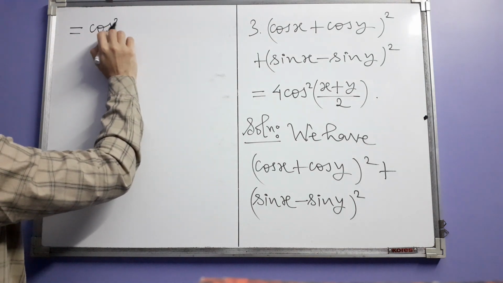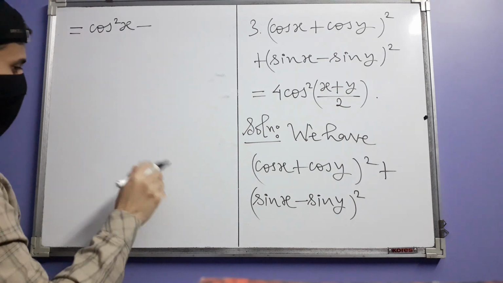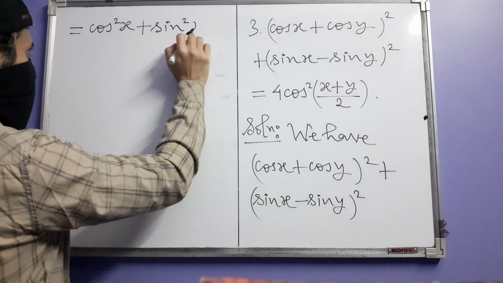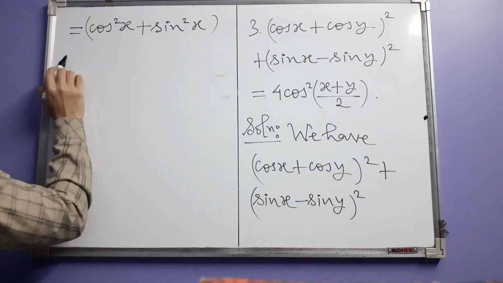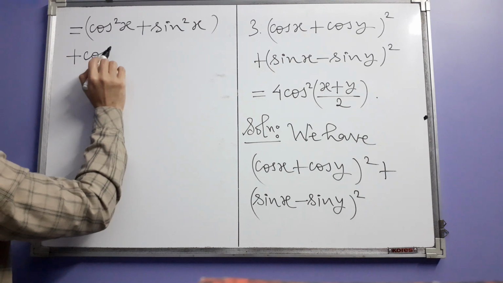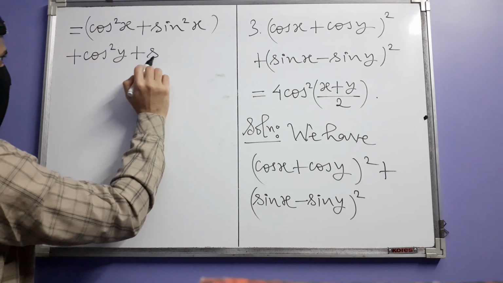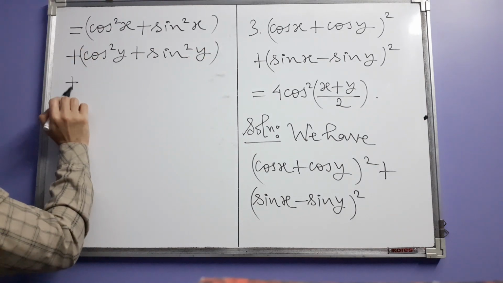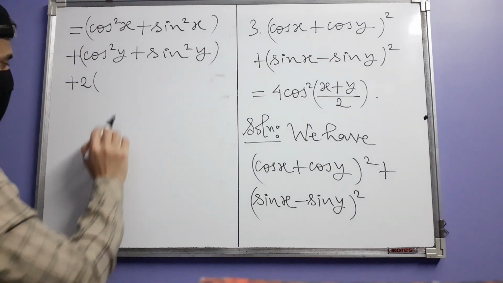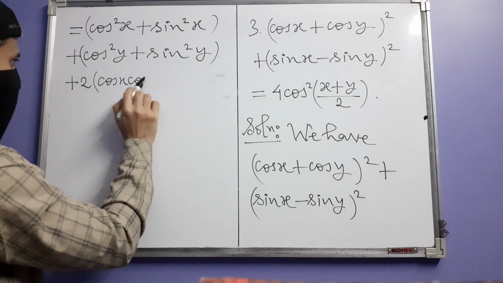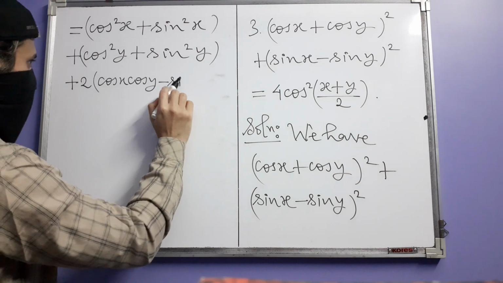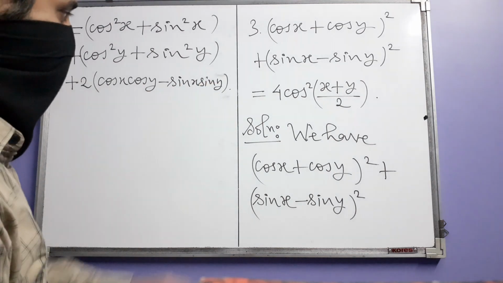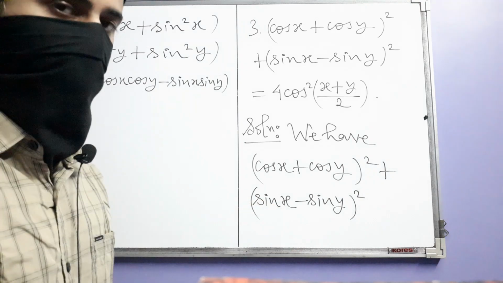So this is how we rearrange the expanded terms: sin square y plus 2 times cos x cos y minus sin x sin y.